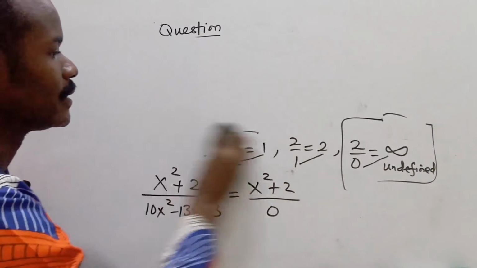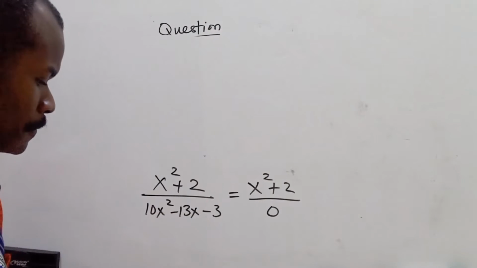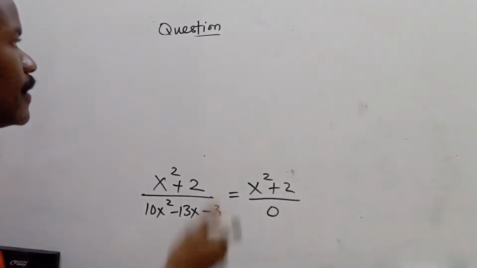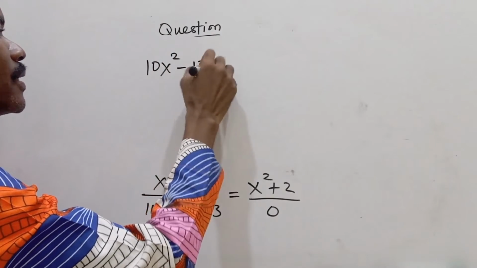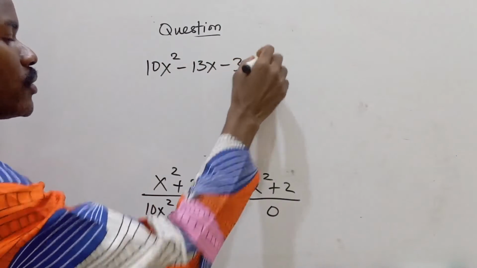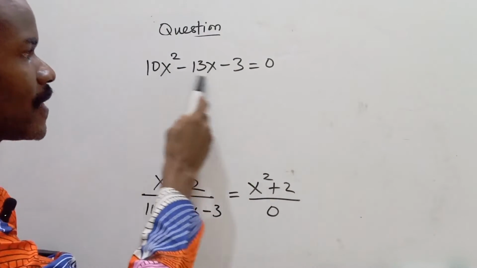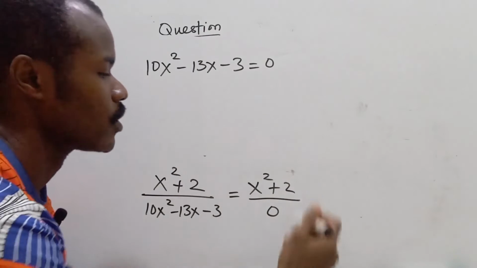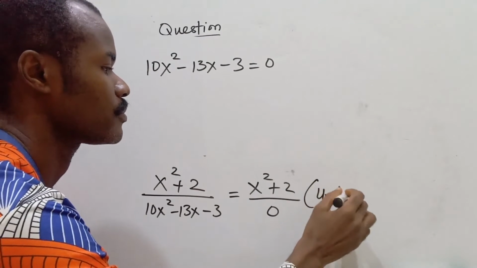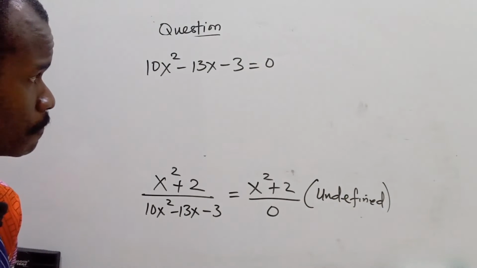So let's equate it and look for the value of x. I have 10x squared minus 13x minus 3 is equal to 0. We want to know the value of x that gives us this 0, to make this undefined.